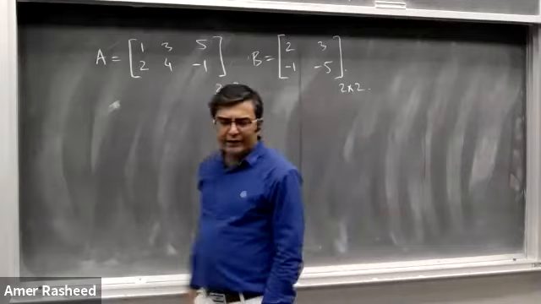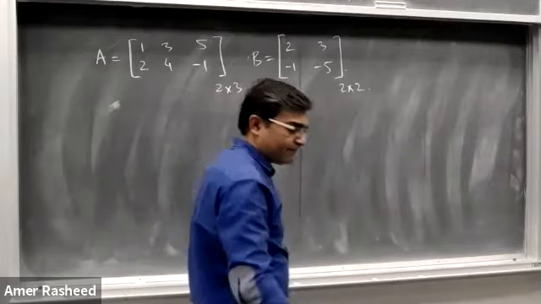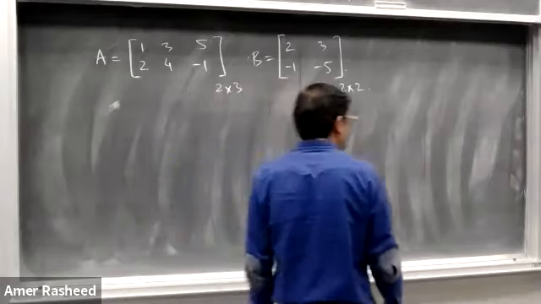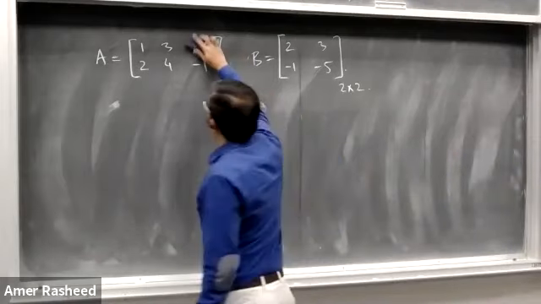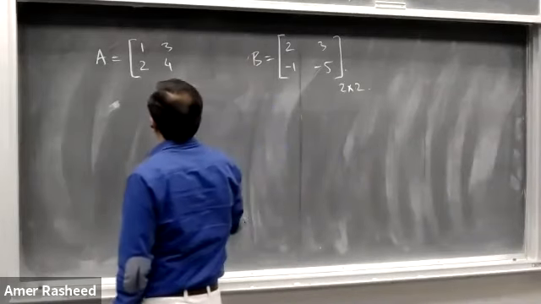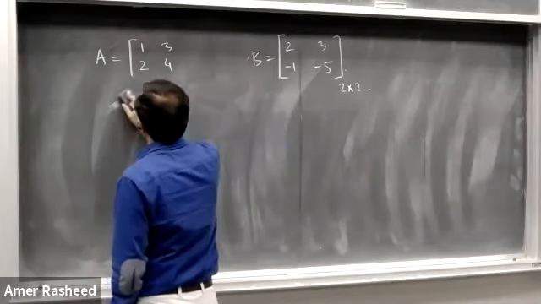Now, let me change the matrix A a little bit. Instead of having one more column, let me write another row of that matrix A, maybe -3 and 5.